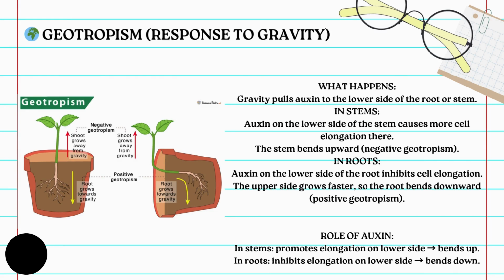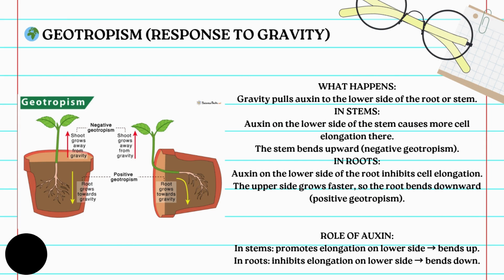Auxin will be concentrated on the shaded side all the time, where the light does not hit. In the shoot system, a high concentration of auxin promotes cell elongation. But in the root system, a high concentration of auxin causes inhibition, so there is no cell growth or only little cell growth.